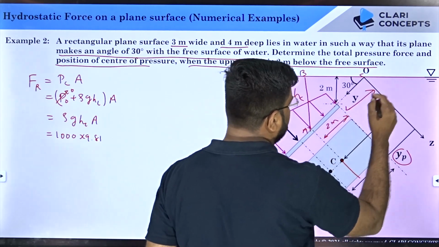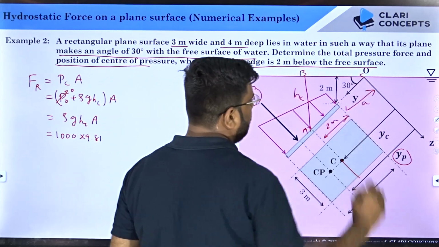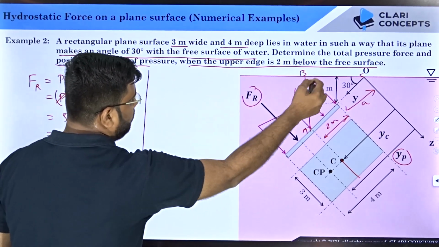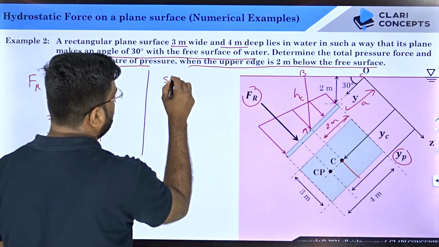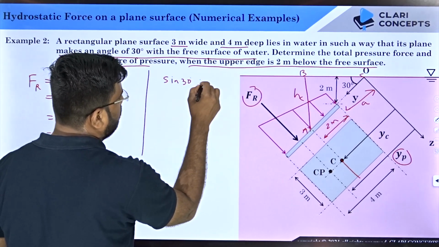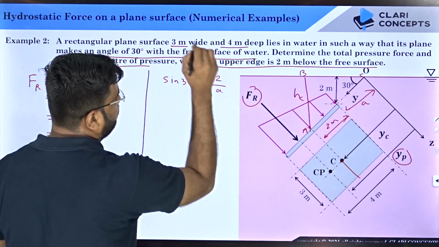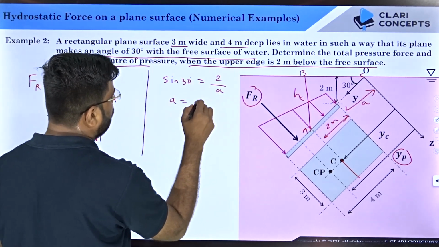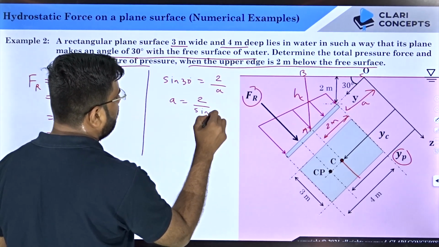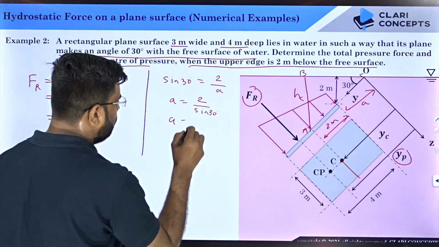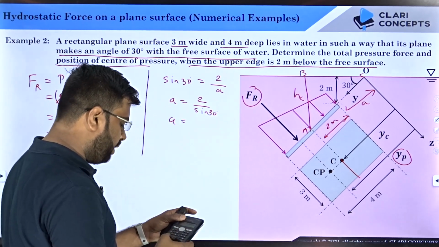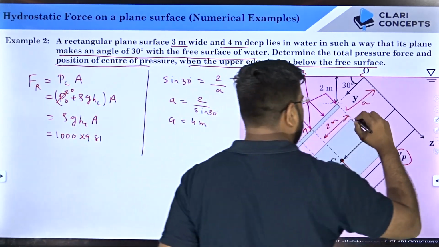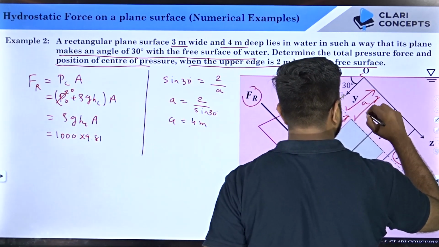Let us suppose the distance is some distance A. Can I say 2 sine 30 equals opposite by hypotenuse, that is A? So A will be equal to 2 divided by sine 30, which is equal to 4 meter. So this A which has been found is 4 meters.